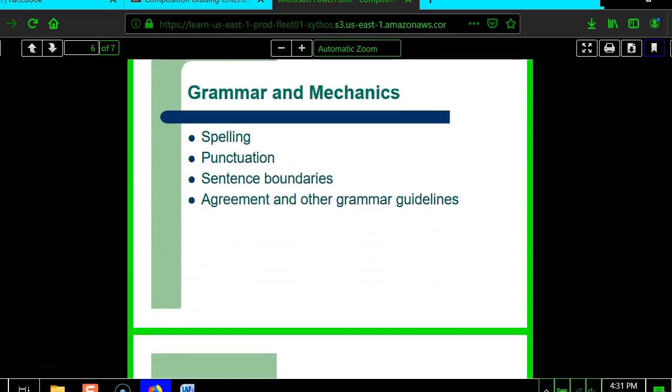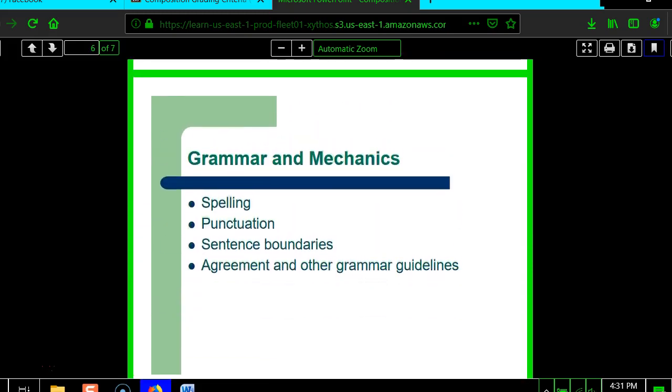Finally, we come to grammar and mechanics. Is everything spelled correctly? Has correct grammar been used?